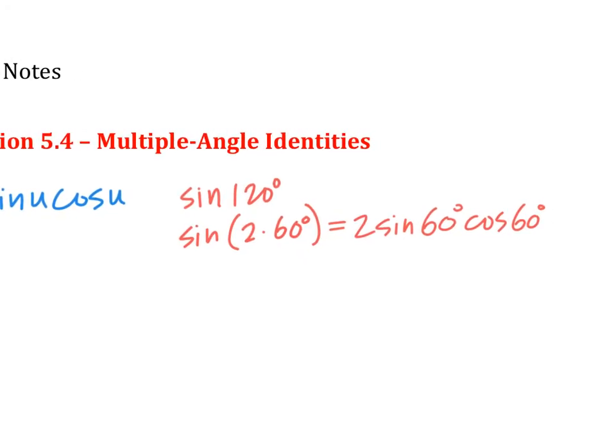All right, then all we do is just apply the formula. What is sine of 60 degrees? Okay, thank you. So that's why I had you guys do that warm up. Okay, cosine 60.